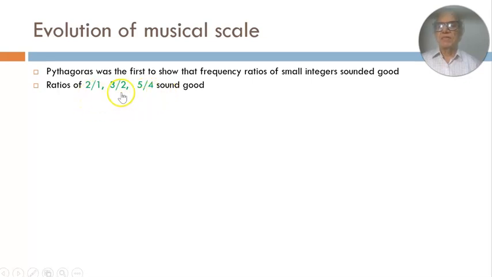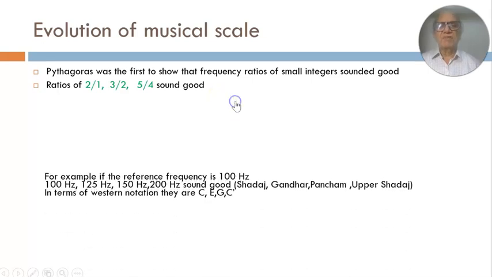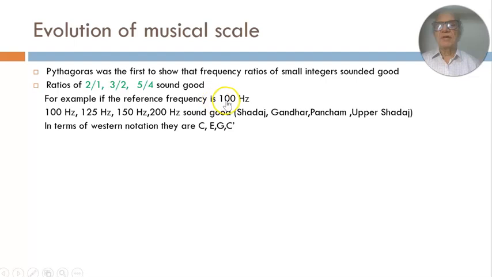Alright. Now with these ratios, let us first of all see an example of the frequencies that are generated given the reference frequency. That is straightforward. So suppose your reference frequency is 100 Hertz. Then the first ratio is 2 by 1. So 100 into 2 by 1 will be 200. That is the upper Shadaj.